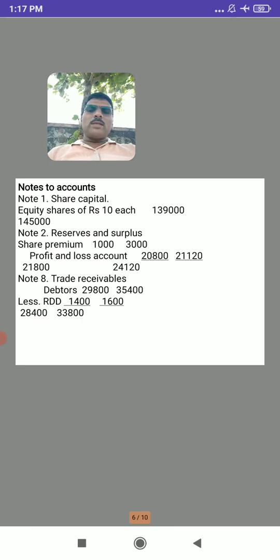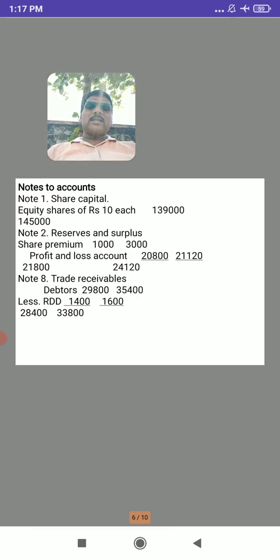Profit and loss account is given as 20,800 in 2016 and 21,120 in 2017. So here we know in the balance sheet the total reserves and surplus in 2016 is 21,800 and in 2017 24,120.